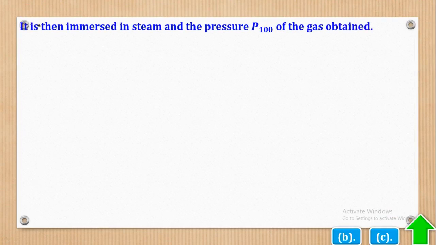After removing it from the ice water mixture, next we shall immerse the bulb in steam, and the gas pressure P100 is also obtained.